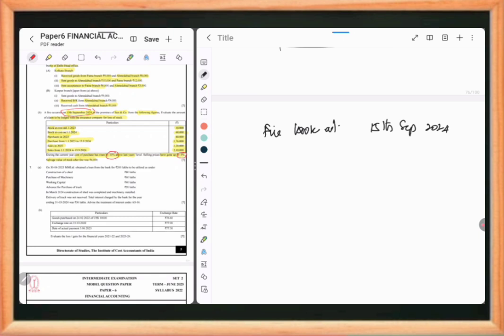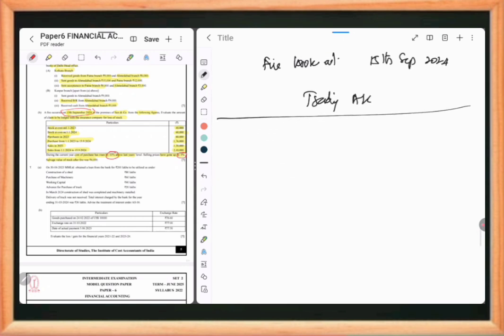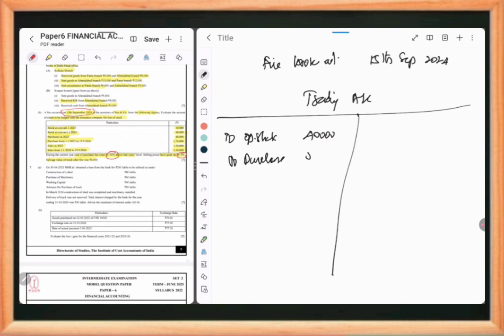So in order to find out the gross profit ratio, we have to prepare the trading account of the previous year, because figures are given. So opening stock is 40,000 rupees. Purchases are 80,000.